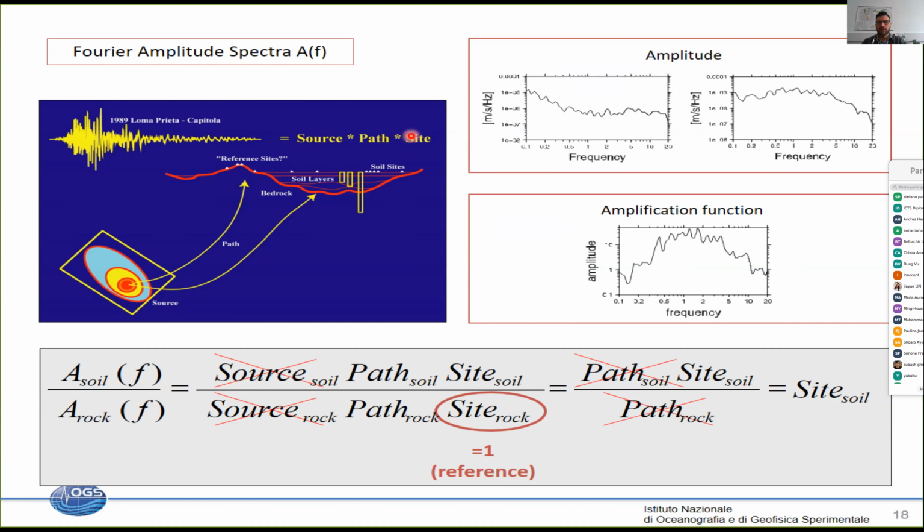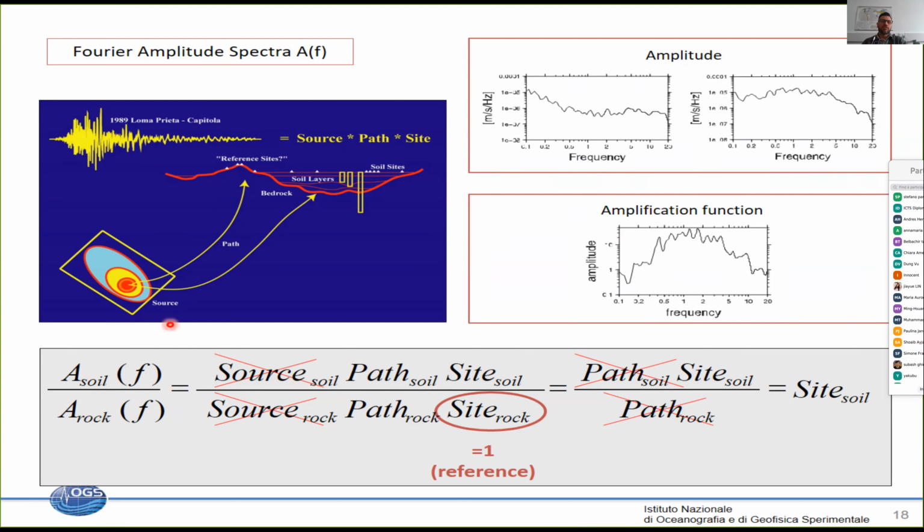So we can describe this as a simple product of the spectra. If we take the modulus of each spectrum, then what we are recording on soil, this is the spectrum on soil, and this is the spectrum on rock, will be just the product of the spectrum of the source, the path, and the one corresponding to the site.